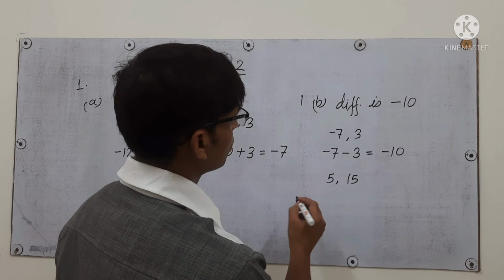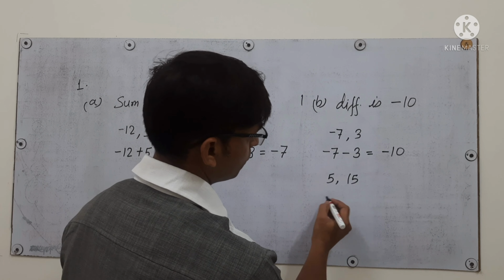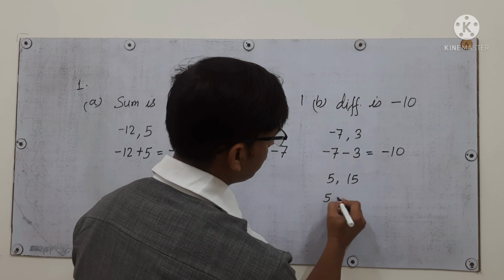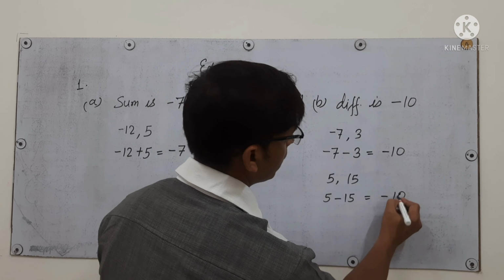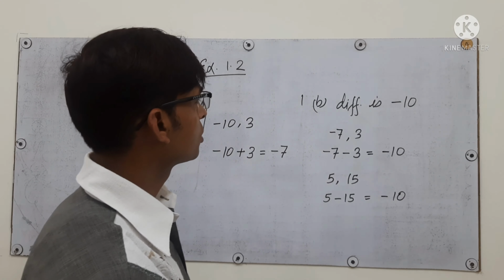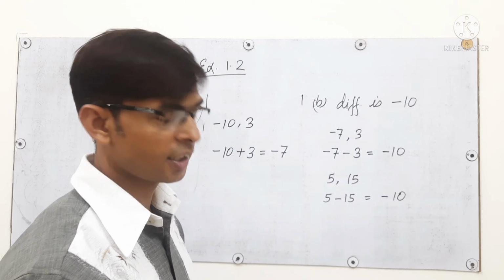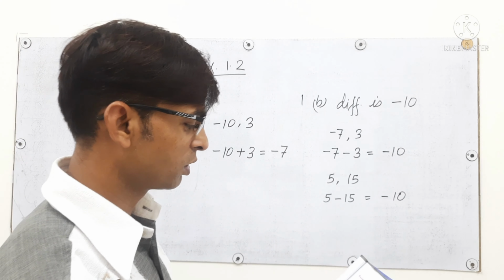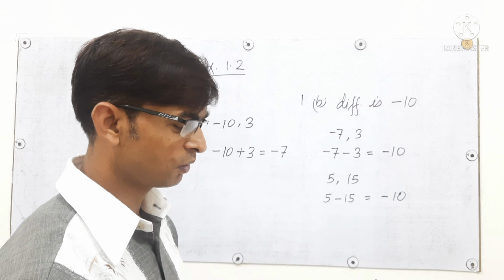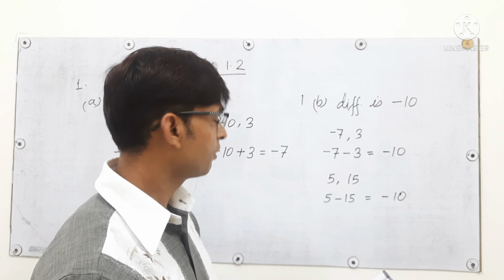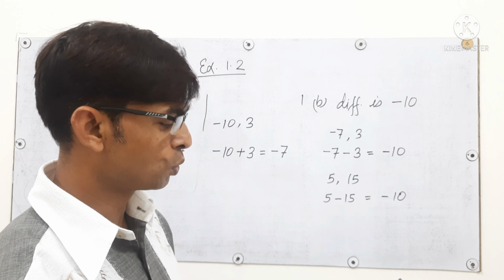The difference of both numbers, 5 minus 15, gives -10. You can see these questions are very easy, and part C you can do on your own. Now we will proceed to question 2.